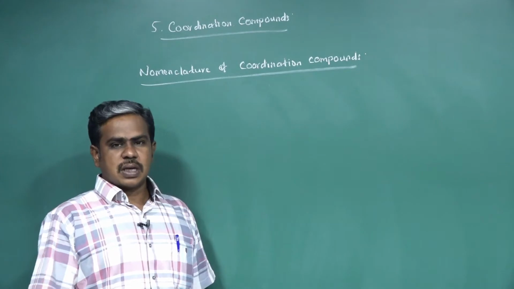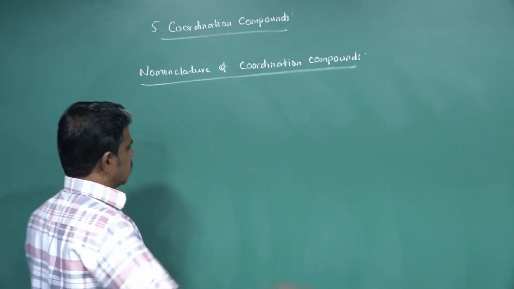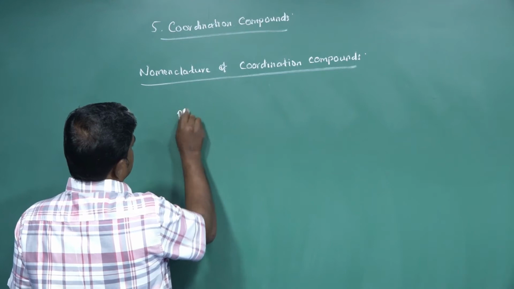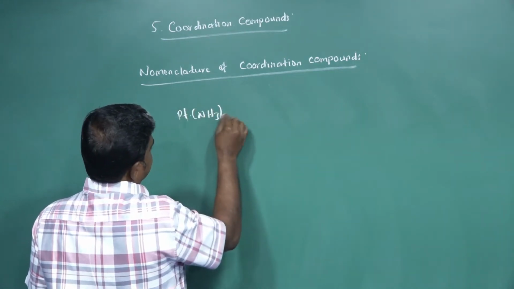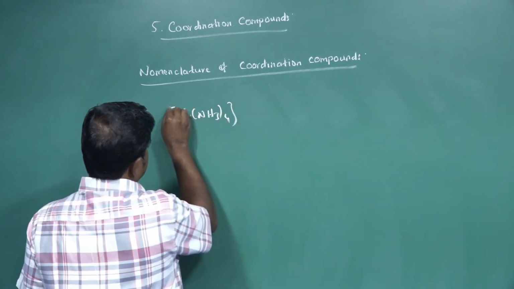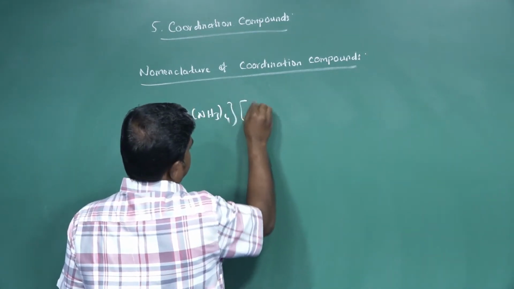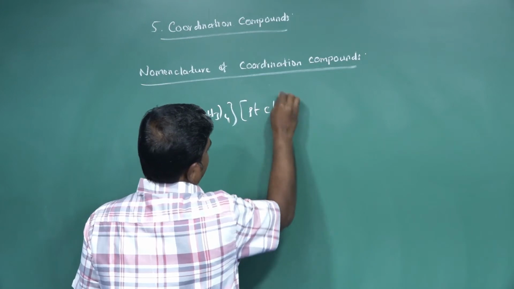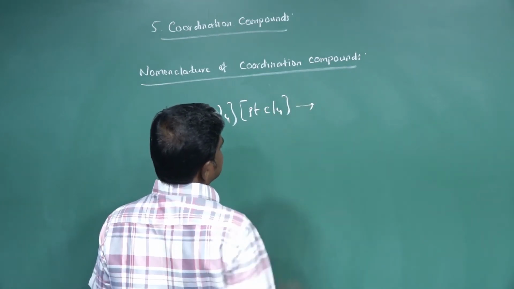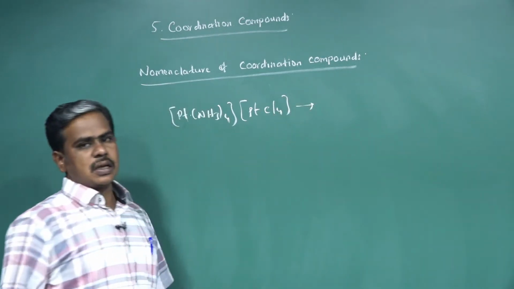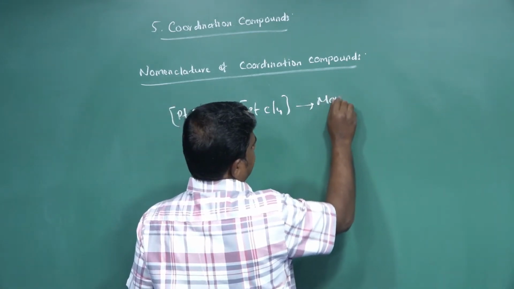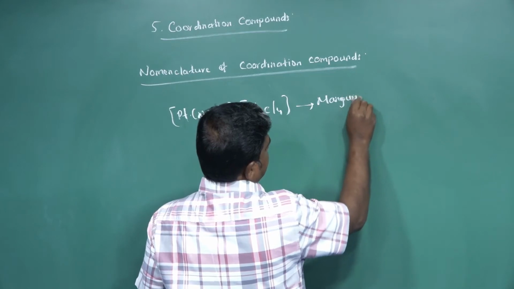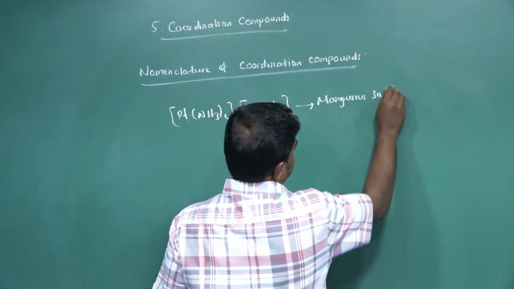Now, given the salts of coordination compounds. Suppose here [Pt(NH3)4][PtCl4], and it is considered as Magnus's salt.